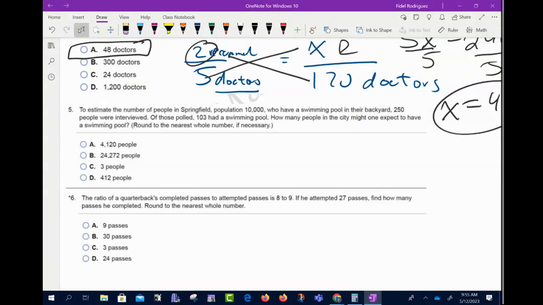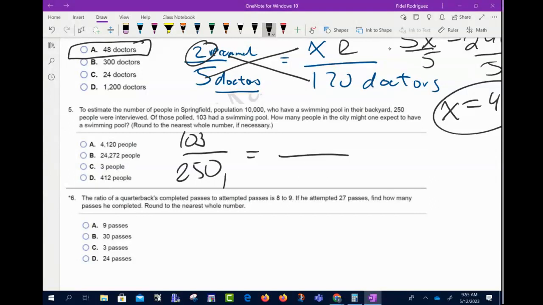It says 250 people were interviewed. And out of those 250, 103 of them had a pool. How many people in the city might one expect to have a pool? So look, we're going to do this hopefully in a way that makes sense. How many people did we interview? 250. Out of those 250 people, how many of them had a pool? 103.